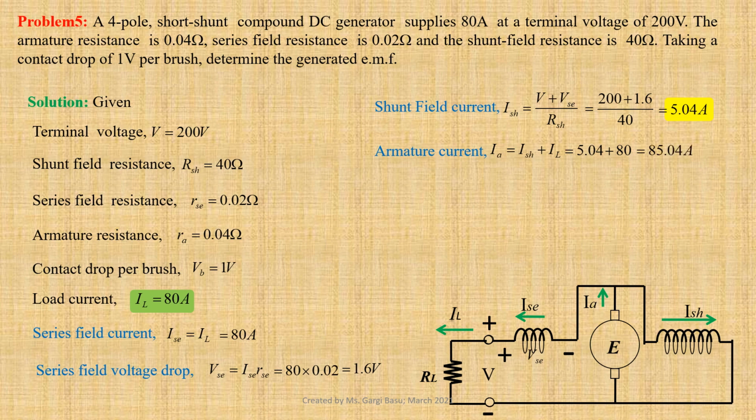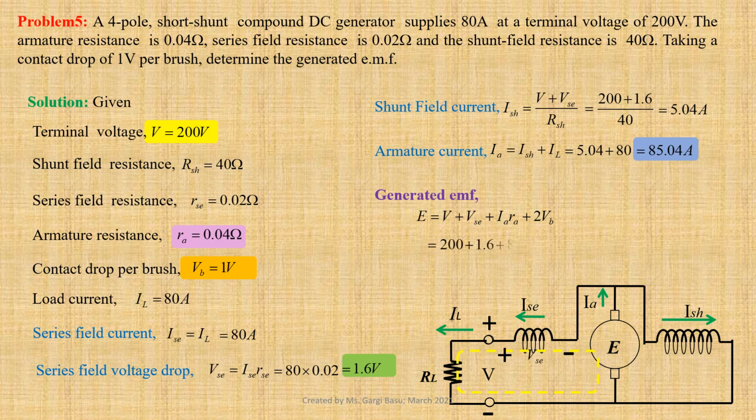Applying Kirchhoff's voltage law to the output loop, we get generated EMF E equals to V plus VAC plus IARA plus twice VB. Using values, we get 200 plus 1.6 plus 85.04 into 0.04 plus 2 into 1, that gives us 207 volts.